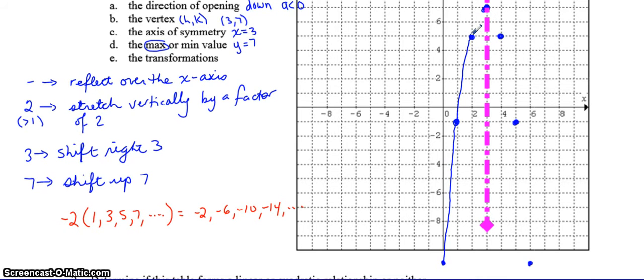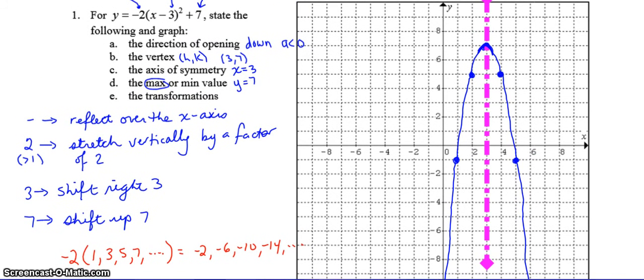I'll give you some benefit for shaky hand syndrome, especially since trying to graph it on this tablet is very challenging. Just make sure your vertex is not at a point, that it's kind of rounded. And make sure that your graph goes all the way to the end of the grid and you plot as many of the points in the step pattern as you can. So that is graphing a parabola.